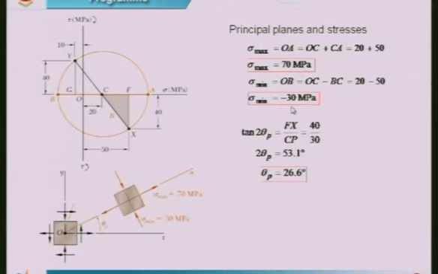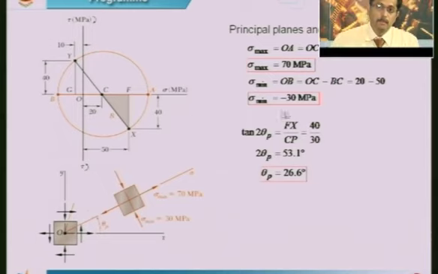Okay. Next, to get the planes on which the principal stresses are going to act, which is very simple, this angle corresponds to 2 times the principal plane angle. So, tan 2 theta p is equal to Fx by CF, which is equal to 40 divided by this distance, 30.